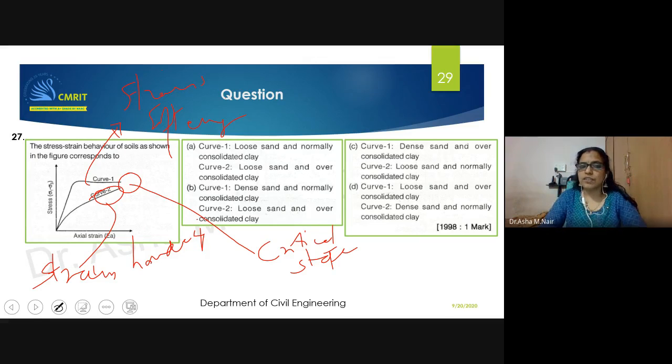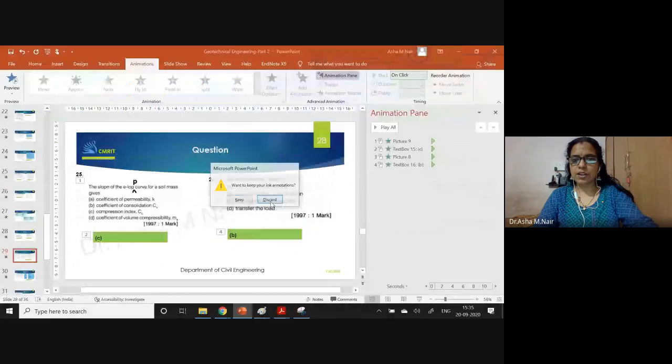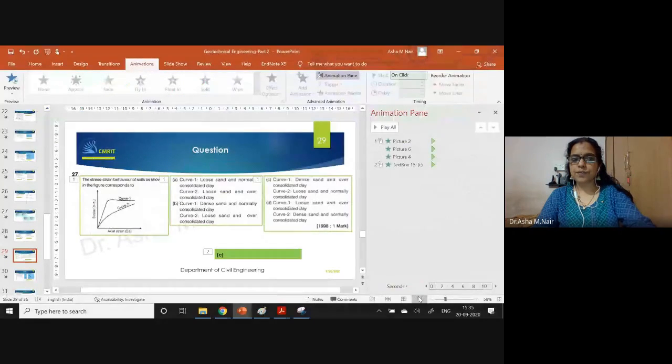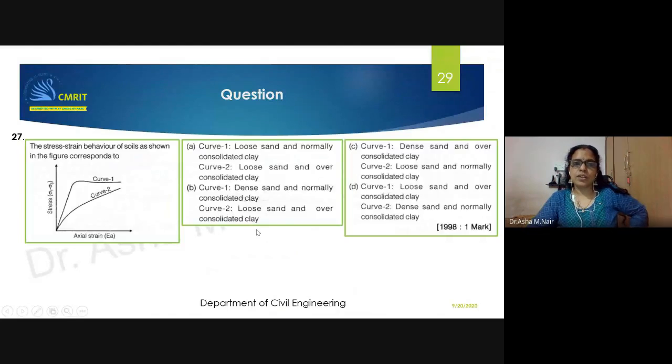Curve 1 was loose sand and a normally consolidated clay. So here, the first one is a sand. Whenever it is a dense sand, it will always show a strain softening behavior.